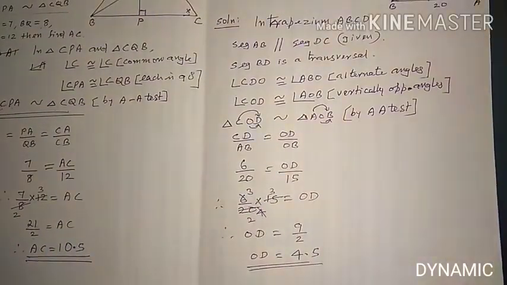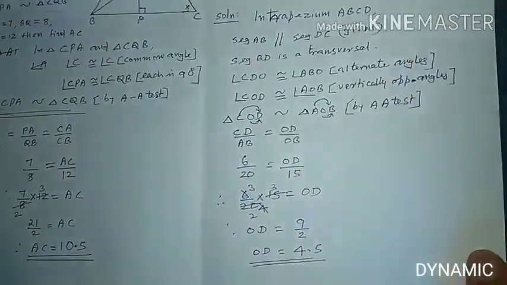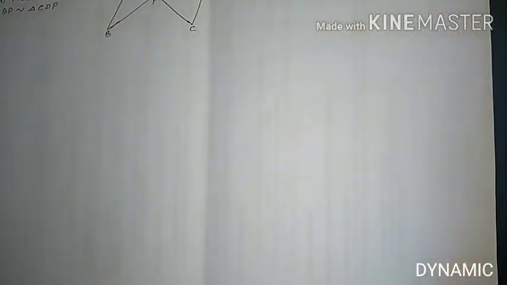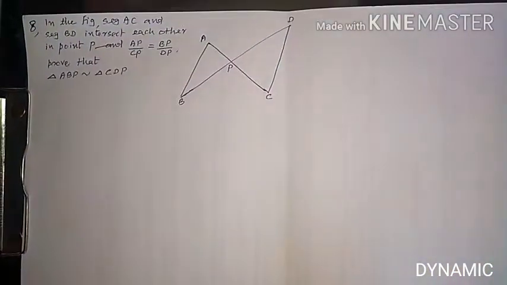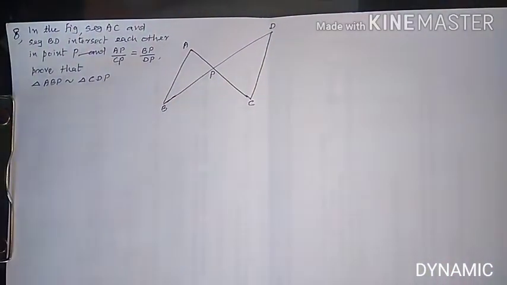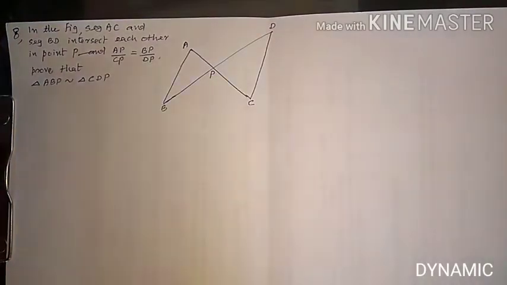Now we do question number 8. Question 6 is over. Now in question number 8, what are the given things?